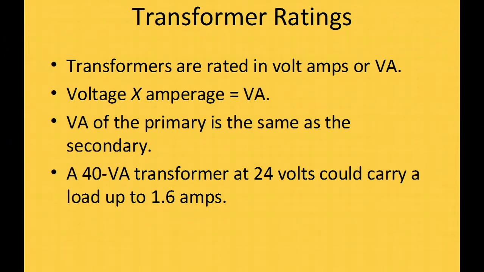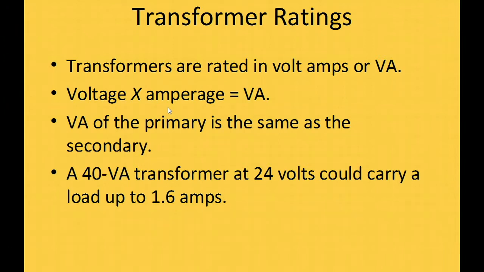Now transformers can only handle so much voltage and amperage, and transformers are rated in VA, called volt amp rating. The way you get volt amp rating is you multiply the voltage times the amperage, and these are all rated on the transformer.